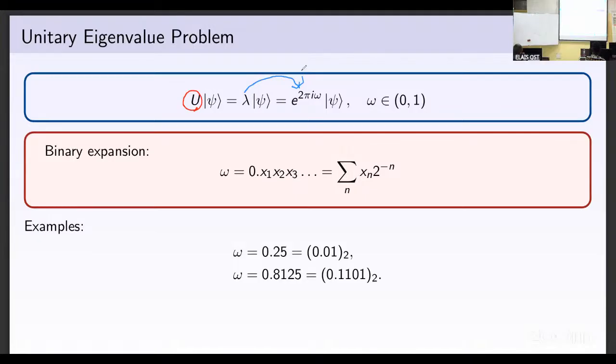Why can the eigenvalue of a unitary operator be written as an exponential of i theta, so cos theta plus i sin theta? The eigenvalue can be complex, of course, but any real number cannot be written as exponential i theta. It has to have some property. So what is the property?